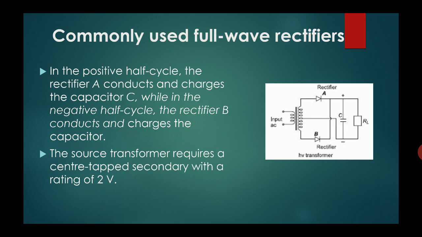The source transformer requires a center tap secondary with a rating of 2 V. So whatever voltage is applied, the center tap secondary should be rated for a voltage of 2 V.